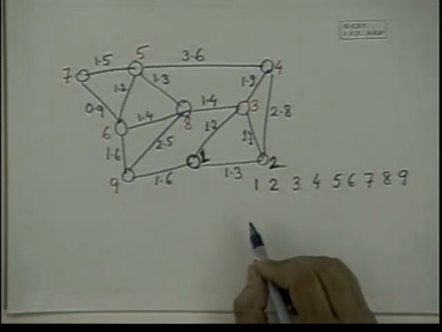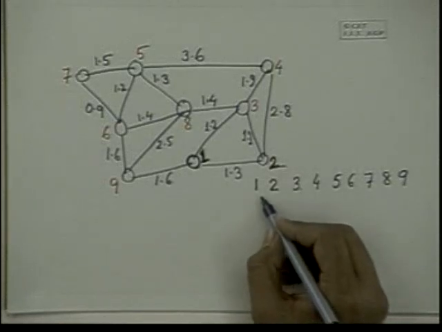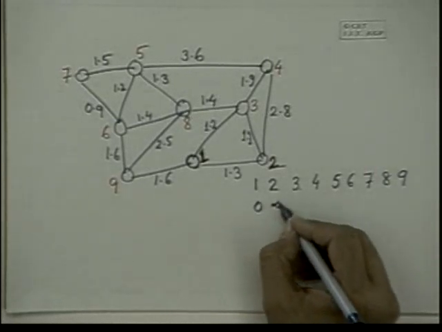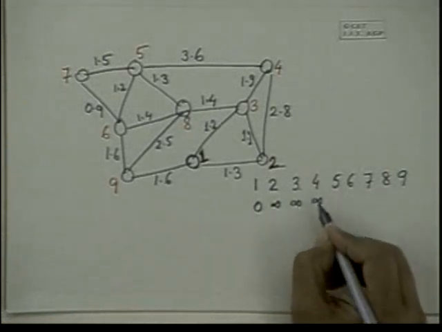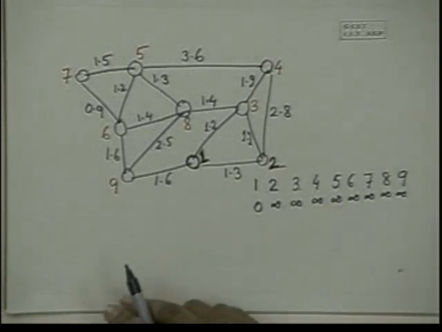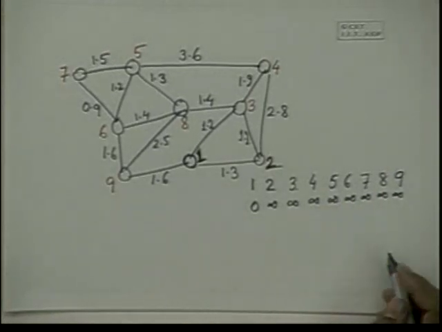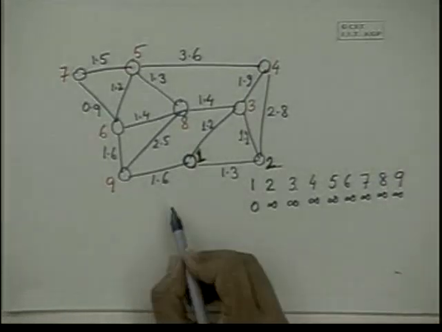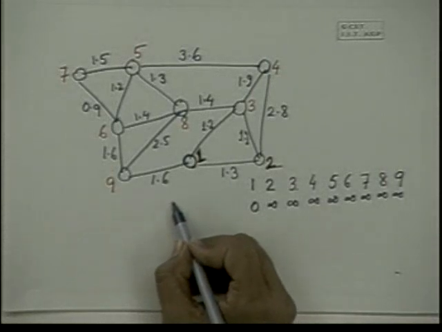Initially, suppose we start our MST growth from, say, vertex 1. So initially 1 has priority 0, and 2, 3, 4, 5, all are infinity. So initially these are the priority values for all the vertices, except 1, which is 0. So what will be extracted at this stage?